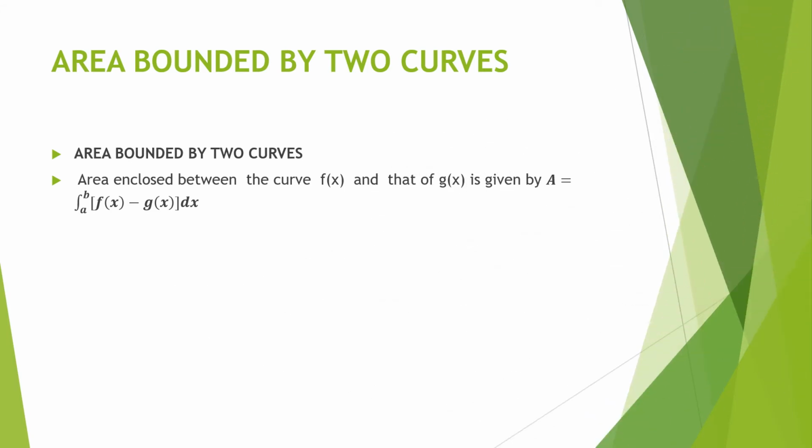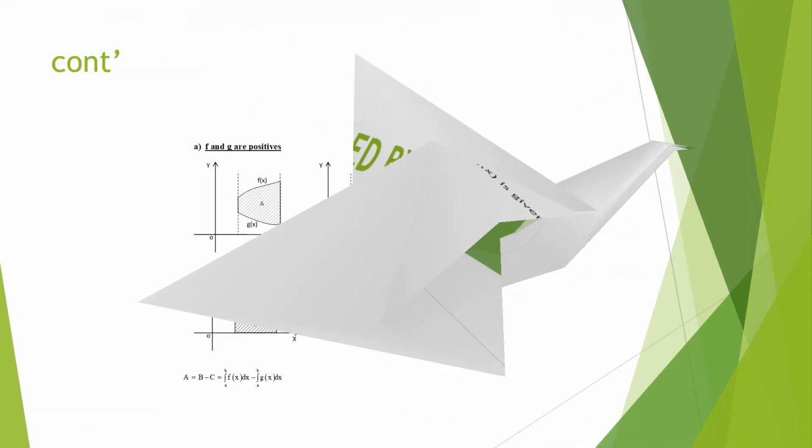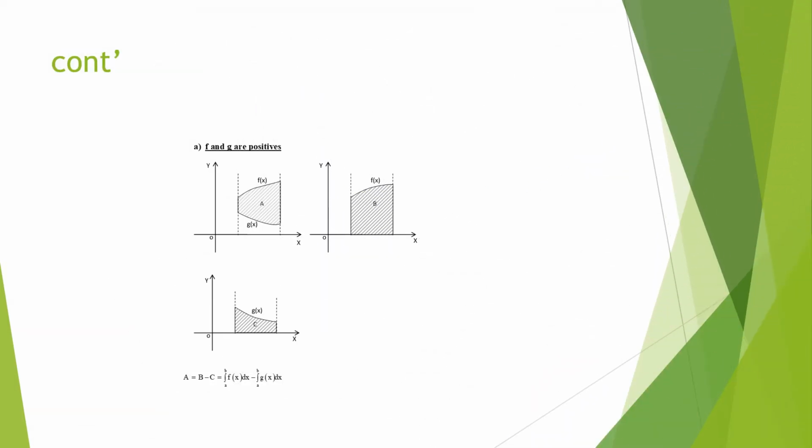Let's discuss how to look for the area bounded by two curves. The area enclosed between the curve of the function f(x) and that of g(x) is given by: area is equal to the integral from a to b of f(x) minus g(x). You can see here we have the region included between f(x) and g(x).